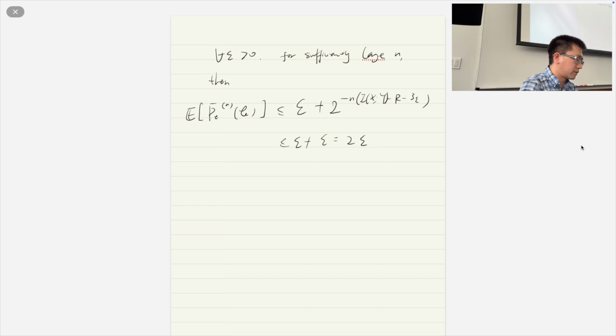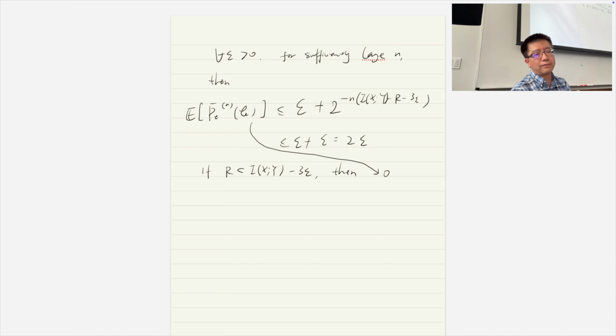So the requirement is that R is less than mutual information minus 3 epsilon. If R is less than this, then this term will go to 0. Okay, that's very good.